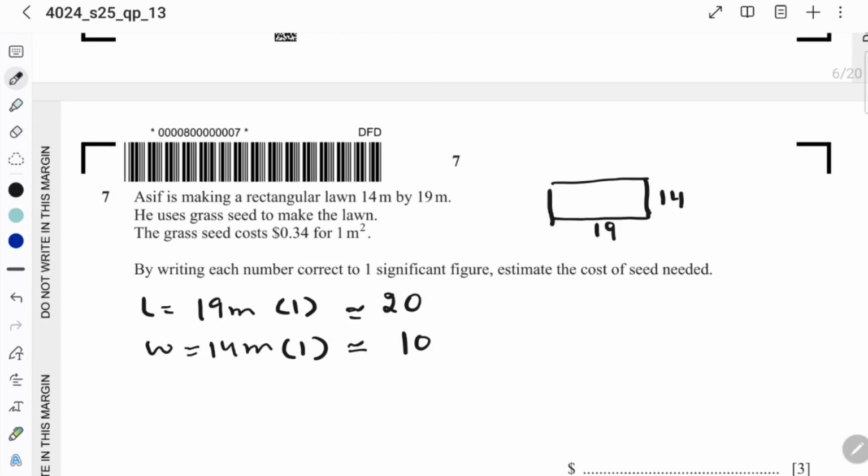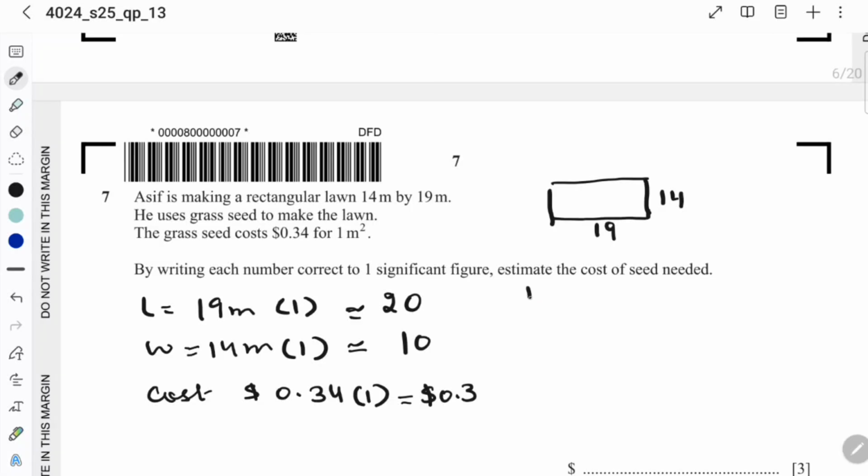The cost is also there, which is $0.34, and we are going to also write it to one significant figure. So that is 0.3. We have to round off each and every number to one significant figure.